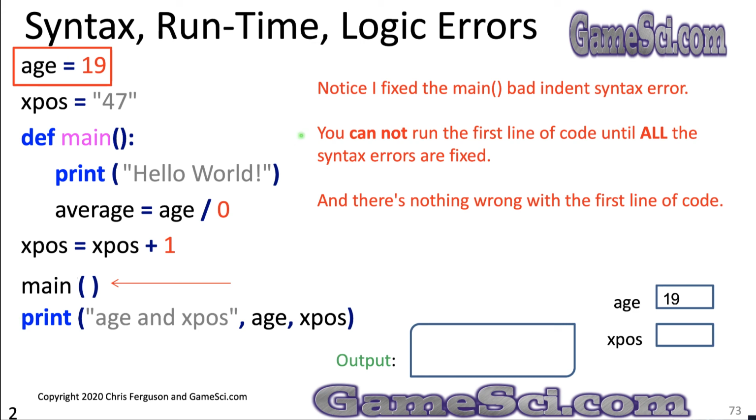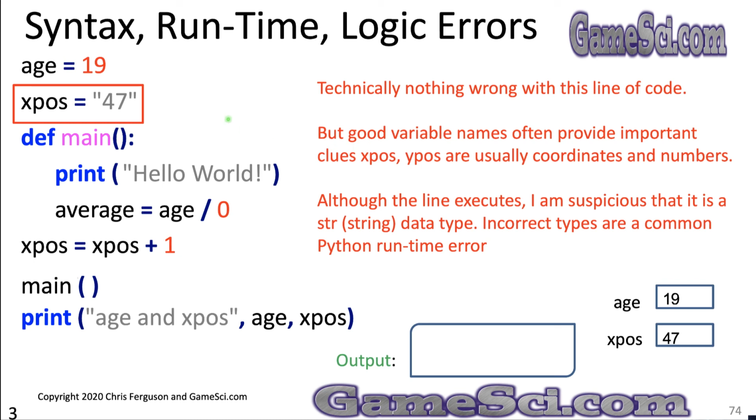You cannot run the first line of code until all the syntax errors are fixed, and there's nothing wrong with this first line of code. So once I've fixed my two syntax errors, that one and that one, now it will actually try to run the program. And just to be nice to you, we did a fine thing with the first line. age equals 19, there's nothing wrong with that, so we'll assign a 19 to it. We've got no errors. Let's go on.